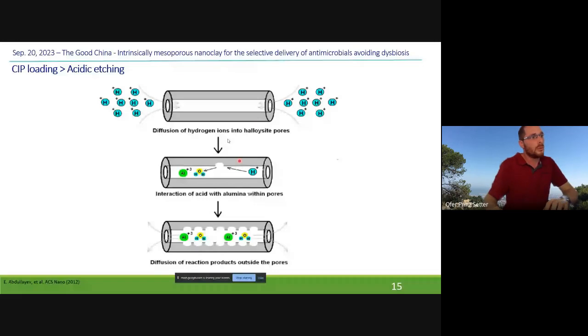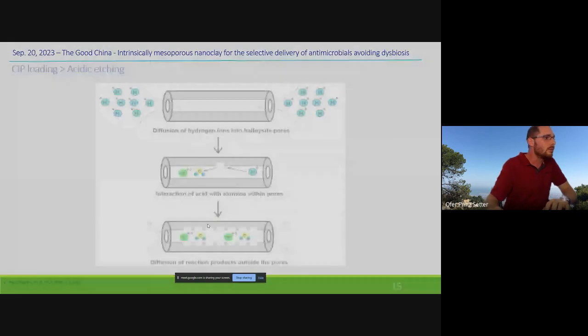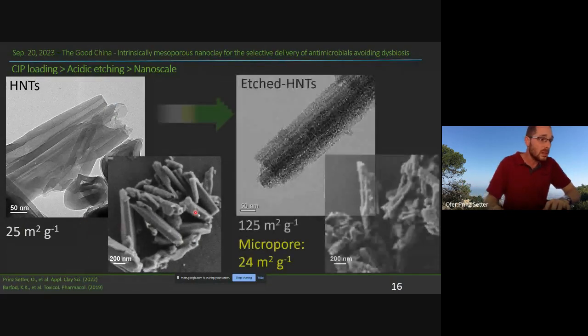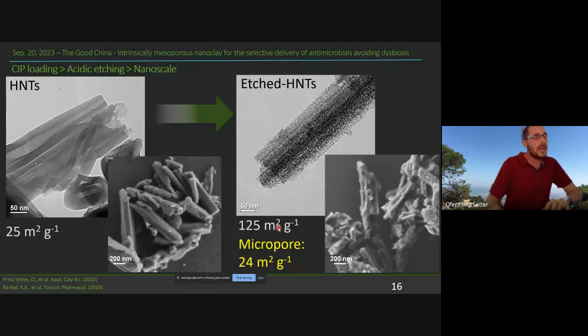If we perform this acidic etching on the halloysite nanotubes, we solubilize the alumina component, leaving a much more porous material, starting with 25 square meters per gram. We can go up to five times more surface area, while a fifth of it is indicated as porous surface area.